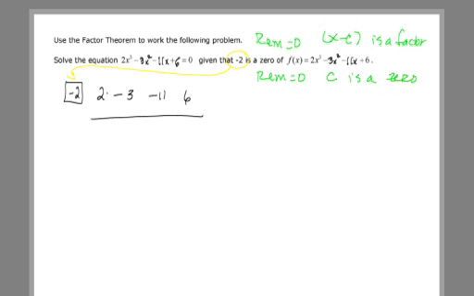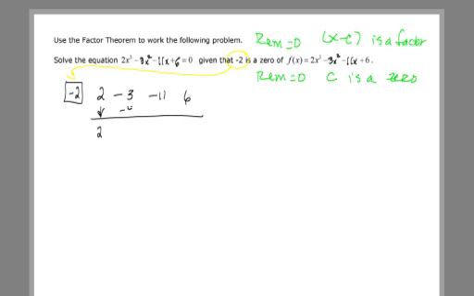Bringing your coefficients down, 2, negative 3, negative 11, 6. There aren't any missing powers, any skipped terms here, so we don't need any zeros. And let's bring down the 2 and get started. Since I'm given that negative 2 is a 0, which means it's a solution, I should be getting a remainder of 0. Let's check that out.